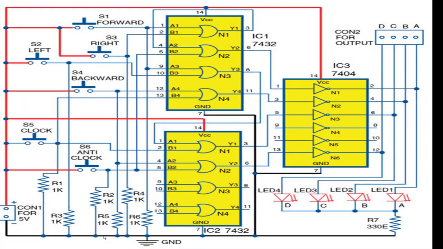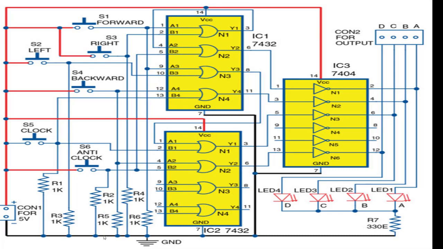So now this is the entire picture of our circuit. We have made this project using 3 ICs, 7432 and 7404, 4 LEDs, 6 tactile switches, S1 to S6, and other components like resistors and connectors.